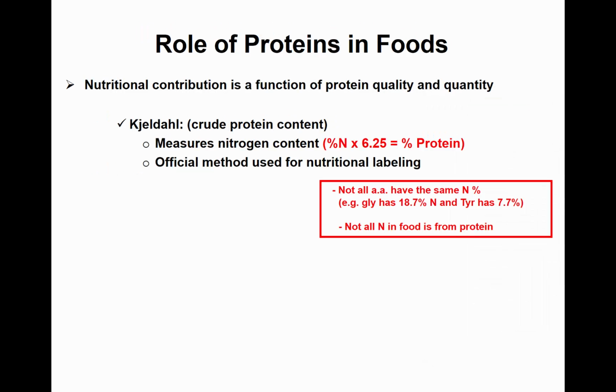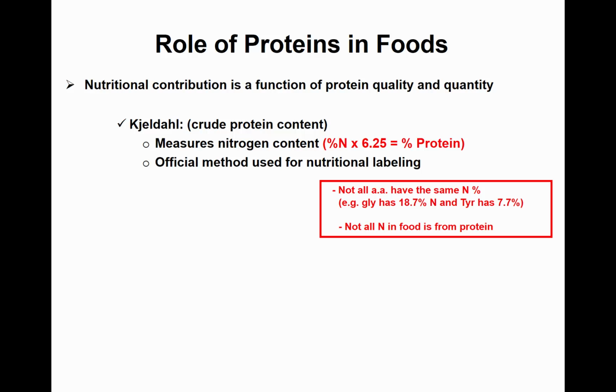Okay. So quality and quantity are both important, and usually the quantity for a nutrition label is determined based on nitrogen content, most commonly by Kjeldahl. Now they also do it by a nitrogen analyzer. But the caveat is that it's a crude protein content method.